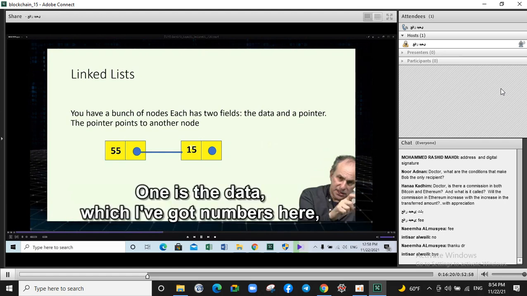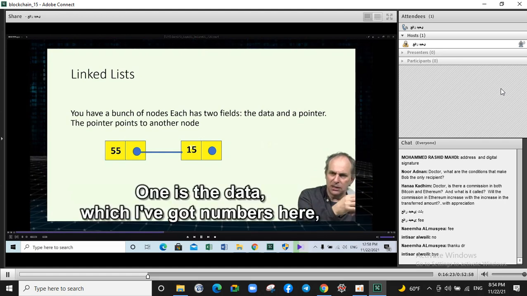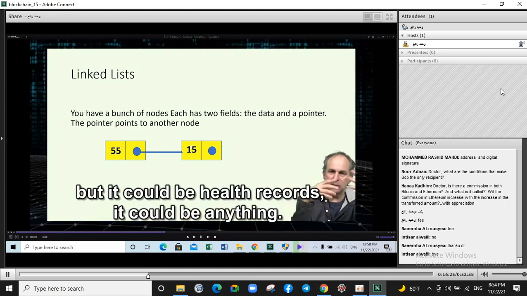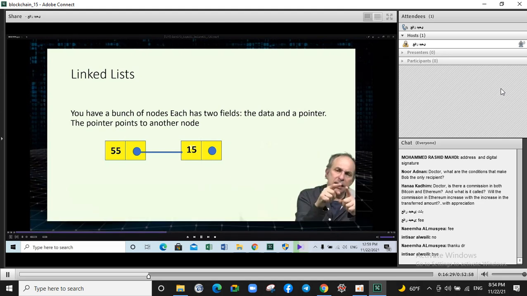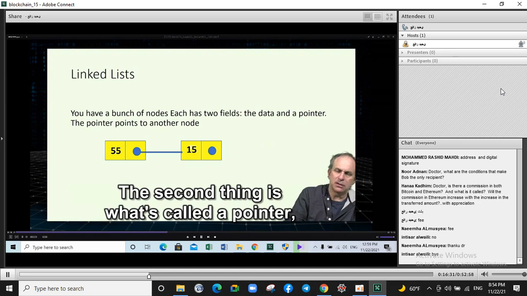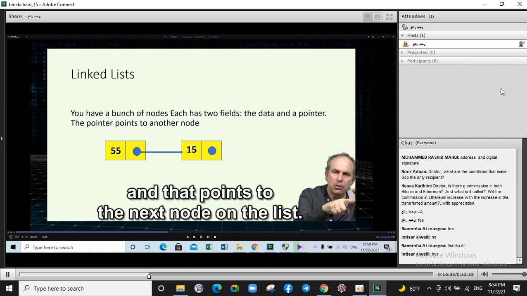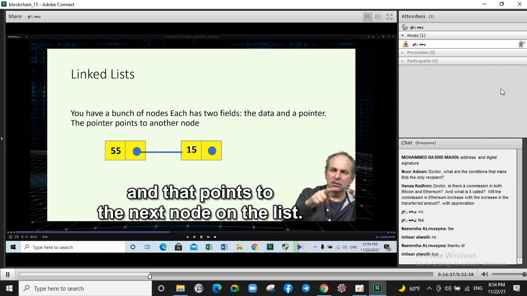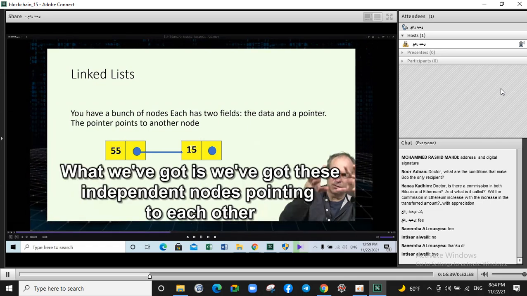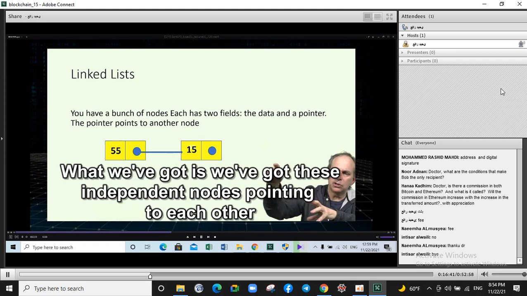One is the data, which I'm having as numbers here, but it could be health records, it could be anything. It could be, of course, animal names again. And the second thing is what's called a pointer, and that points to the next node on the list.